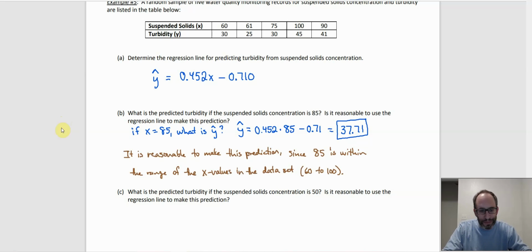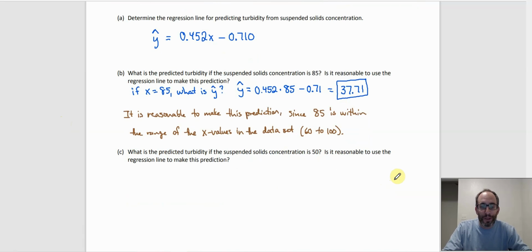All right, we're good. And then what about 50? Well, you kind of already know what's coming, right? 50 is not between 60 and 100. So this one's not going to be reasonable, but we can still do the prediction. It's just that the prediction isn't worth very much. You can still sub in the number and do the algebra, but what's that really worth when your suspended solids concentration is that low? It might not be a linear model anymore.